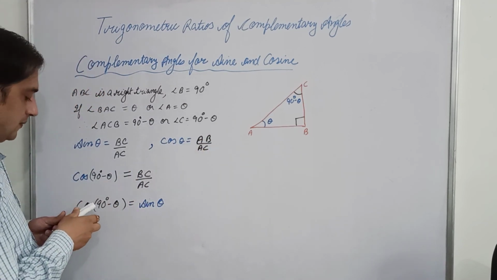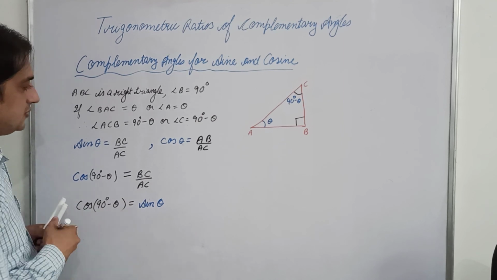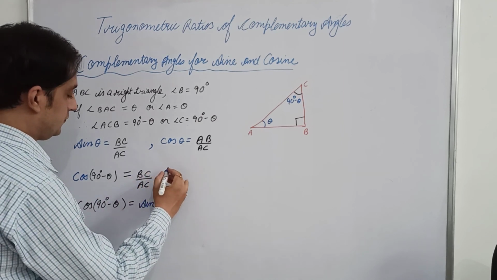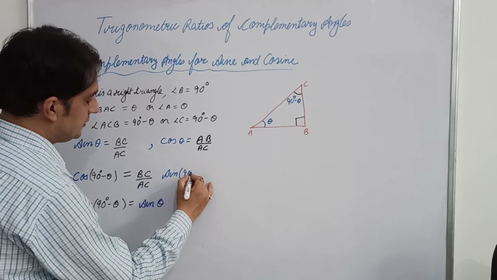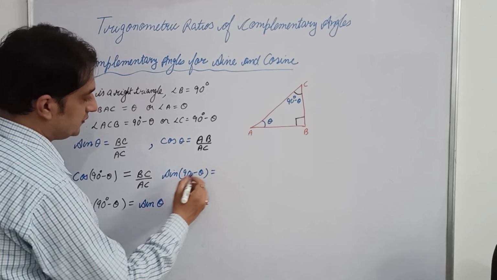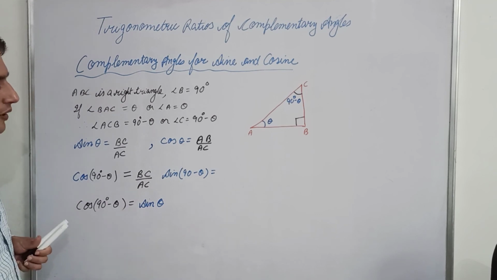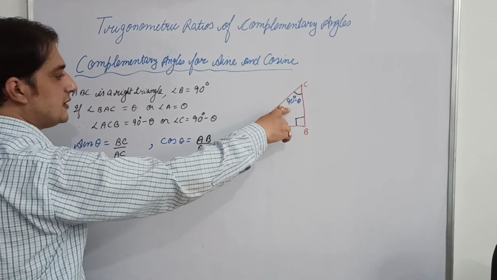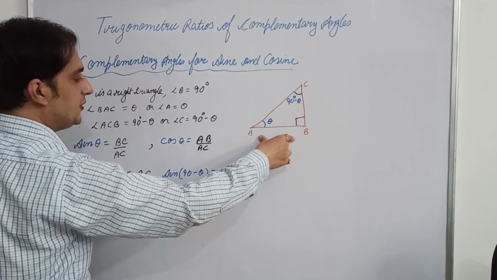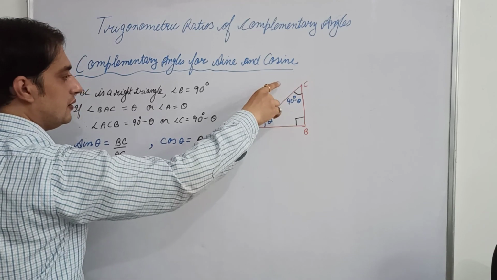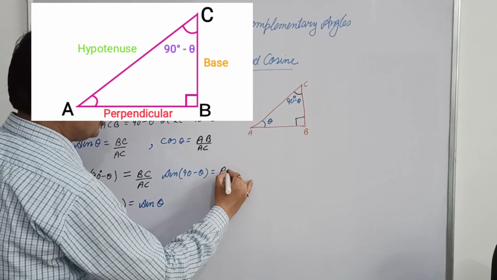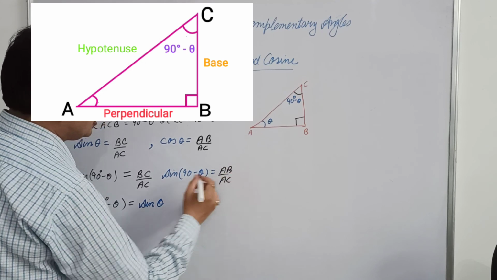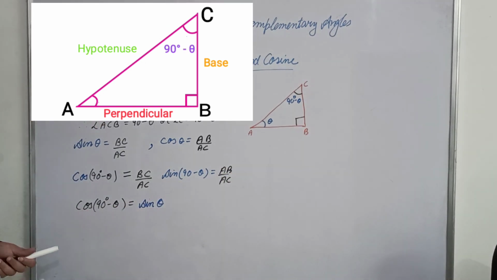And if we talk about sine of 90 minus theta, the complementary angle of theta, for this angle the side opposite is the perpendicular and the longest side is the hypotenuse. So this is AB upon AC, right?